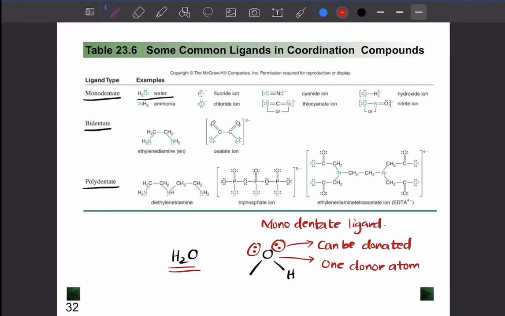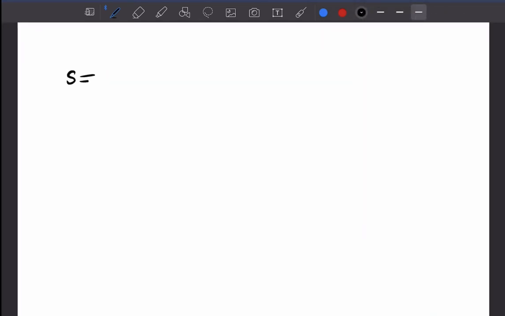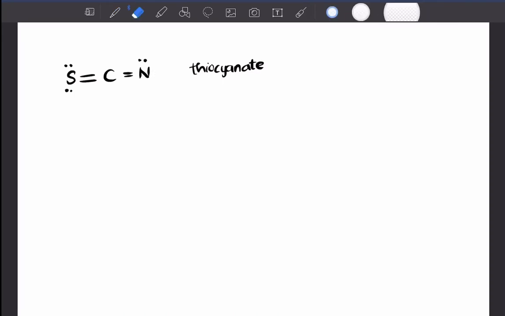Now there are cases where, even if you have a single compound, there might be multiple donor atoms, but they can only donate once. So what does that mean? Take the example of thiocyanate. If you take sulfur here and nitrogen here, there are two elements that have lone pairs of electrons.